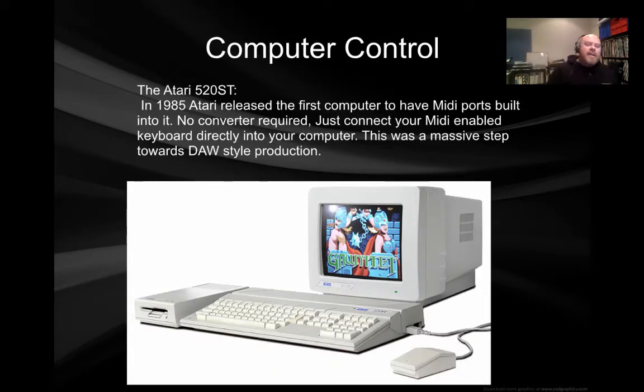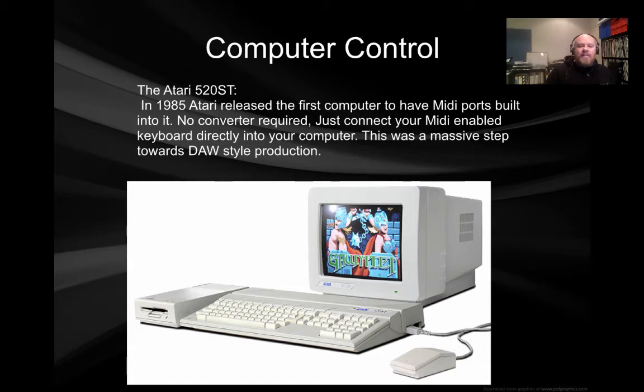So we now had MIDI and we now had computers and keyboards speaking with each other, but we really needed a great way for them to be controlled. And the big step here, after a couple of other attempts, there was the Commodore 64, of course, but then along came the first computer to really embrace MIDI, and this was the Atari 520 ST. This was released in 1985.